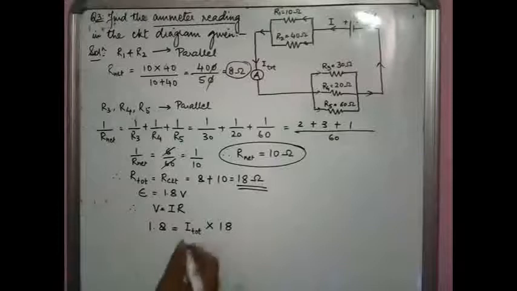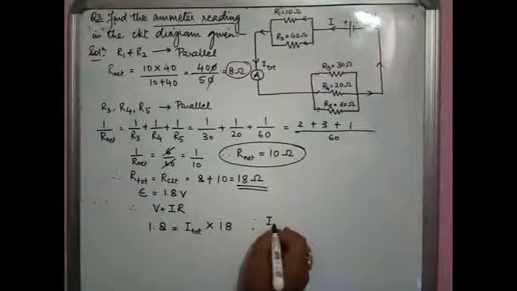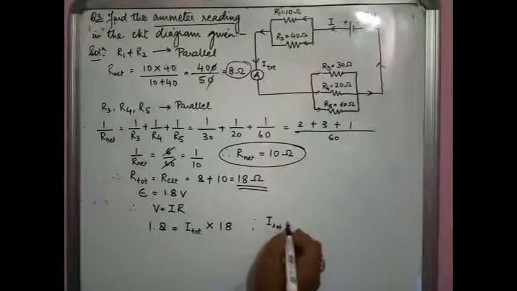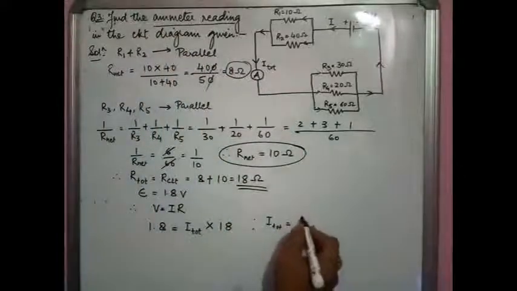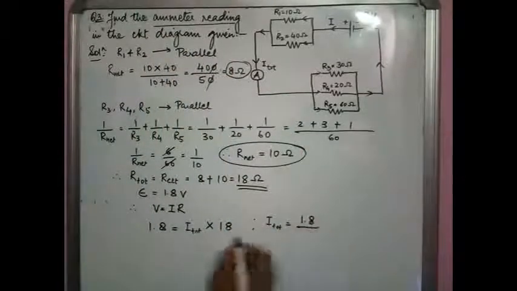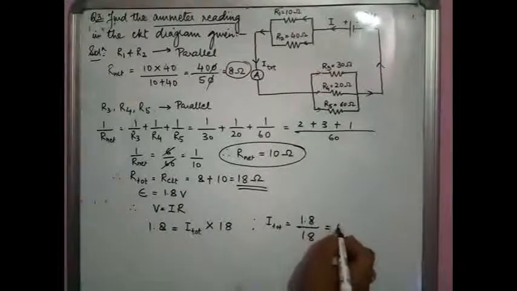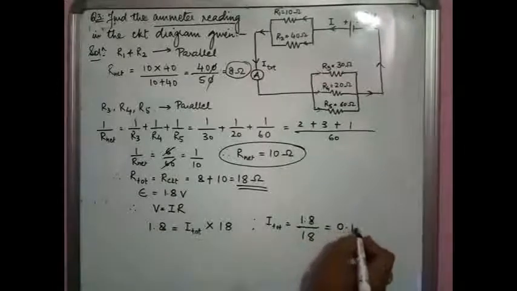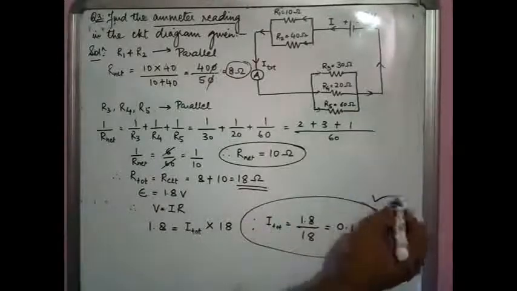So this 18 goes to the other side, and I total, which is the current through the ammeter, because remember you have to calculate the ammeter reading, is 1.8 upon 18, which gives you 0.1 amperes. This is your final answer.